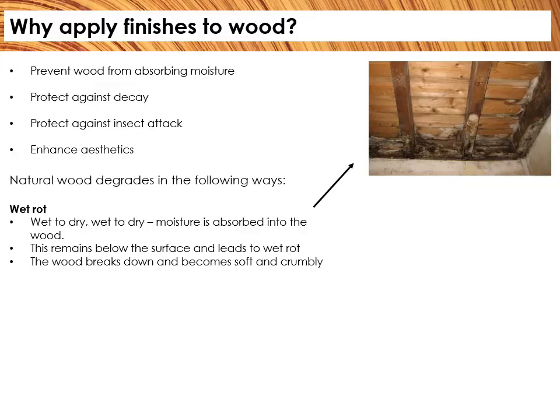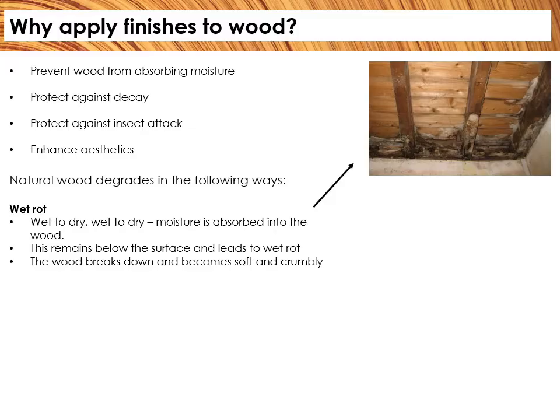And natural wood degrades in different ways. So you have something called wet rot. So when wood that is predominantly outside gets wet, it then obviously dries and it gets wet again and it dries. The moisture absorbed into the wood actually remains below the surface, and that makes rot start to happen.